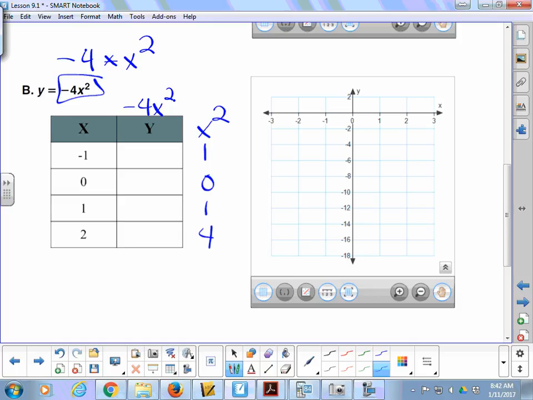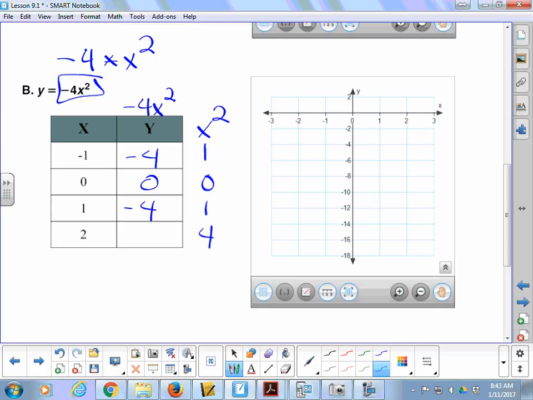So when we graph y equals negative 4x squared, we're just going to take the numbers we get when we square these x values and then multiply them by negative 4. So negative 4 times 1 is negative 4. Negative 4 times 0 is 0. Negative 4 times 1 is still negative 4.